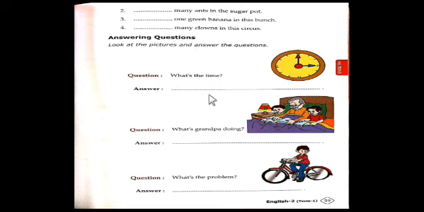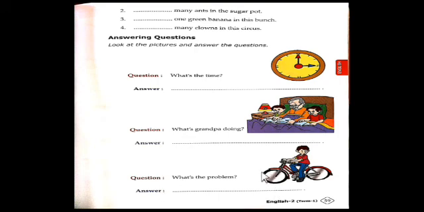It's 3 o'clock. Then second one. Look at this picture and read the question. What's grandpa doing? Dear students, look at this picture and guess it. The answer, grandpa is reading.